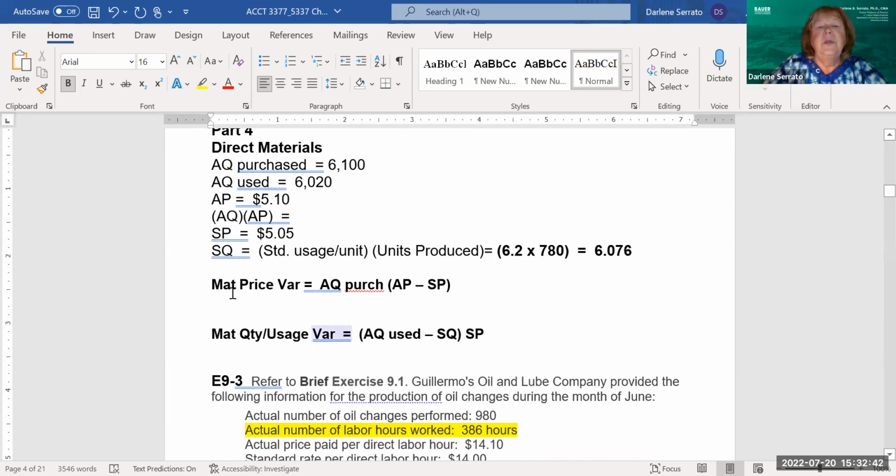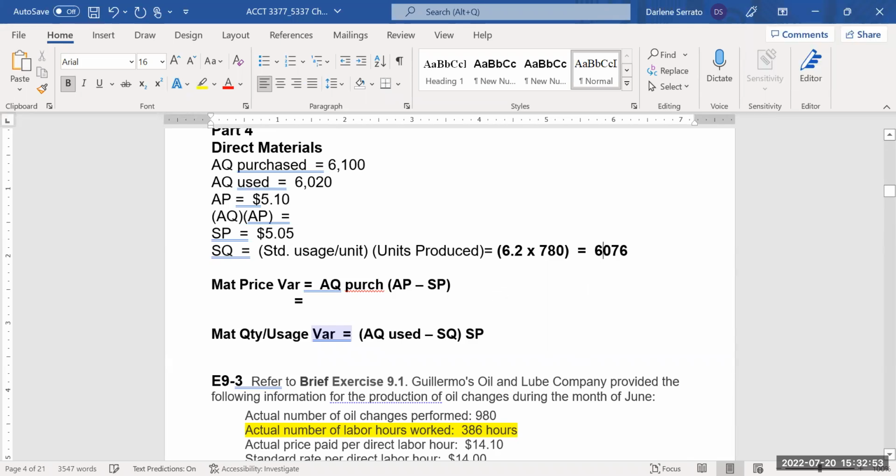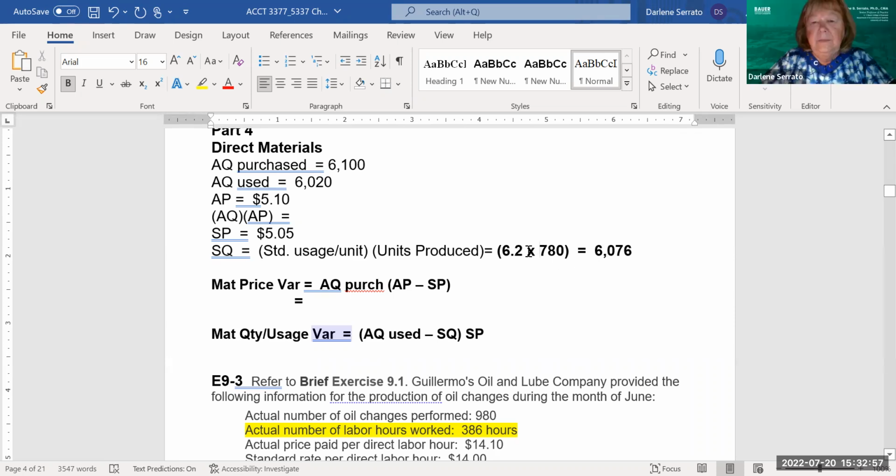Okay, so the price variance is based on the amount purchased. So that number was, I think it was 980, so I got a little bit of a lower number. 980. Oh, yes, it was. Sorry.